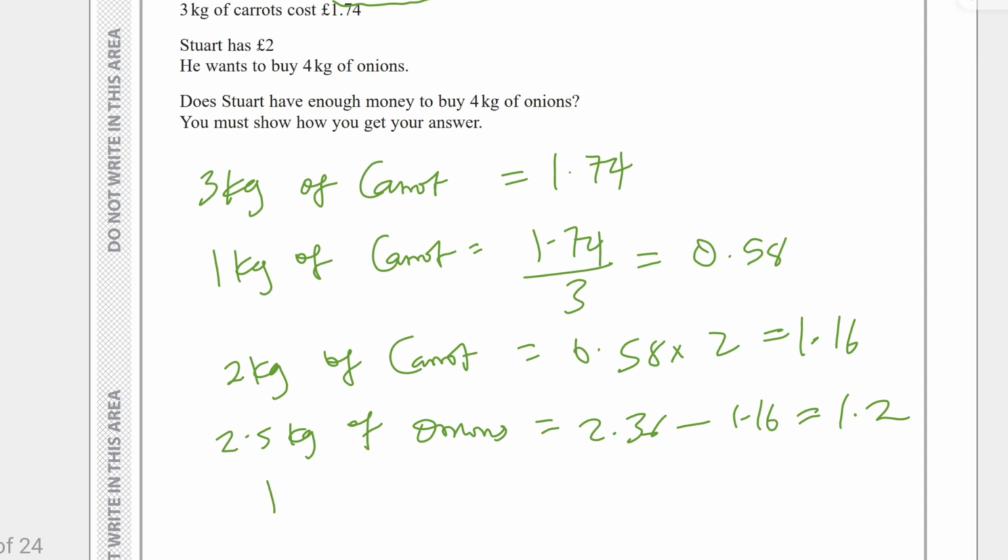So 1 kilogram of onions will be equal to, let me write that properly, 1.2 divided by 2.5, which is equal to 0.48.